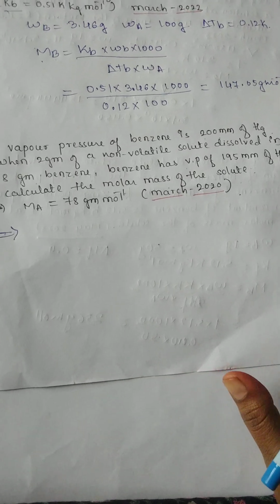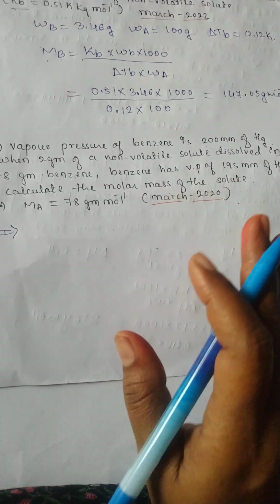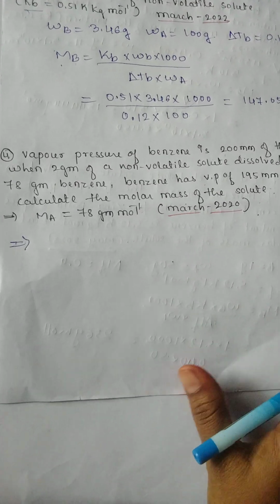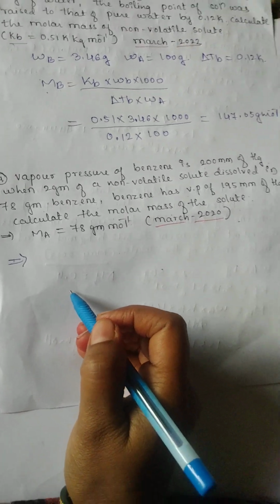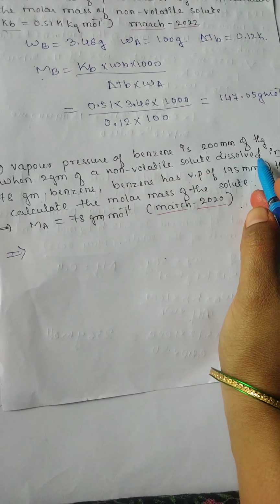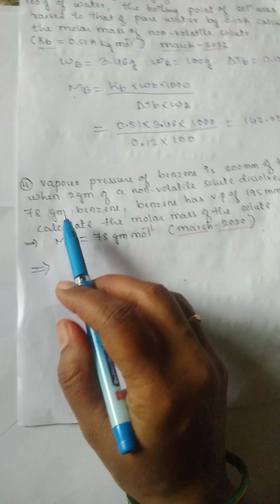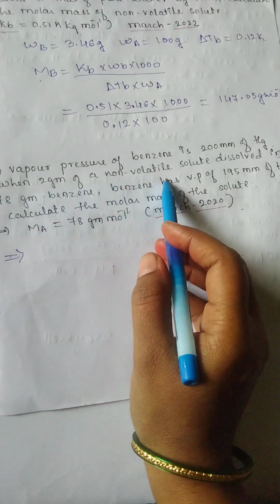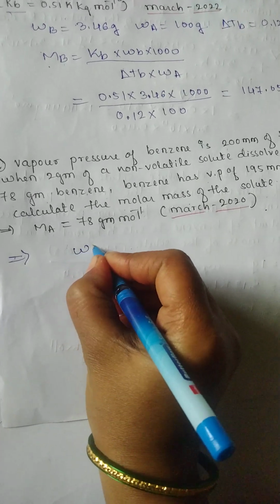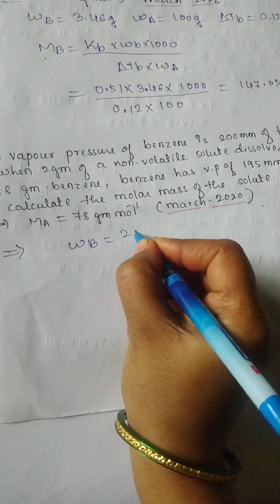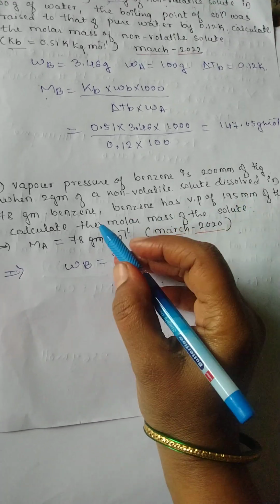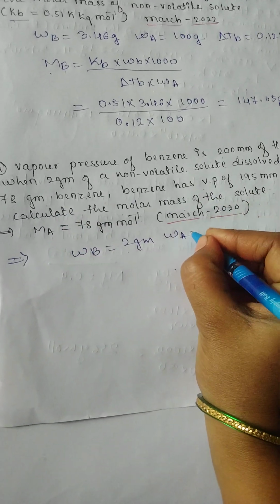First, the first thing we have to do is write what the given things are. Okay, the vapor pressure of benzene is 200 mm of Hg, and when 2 grams of a non-volatile solute, here 2 grams, that is WB is 2 gram, the WA is 78 gram benzene.